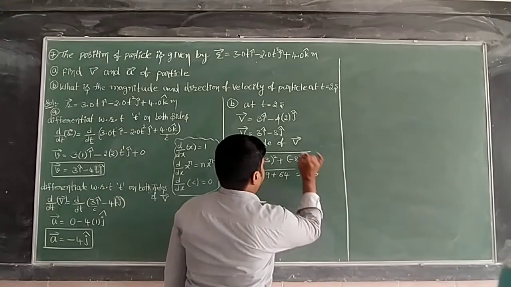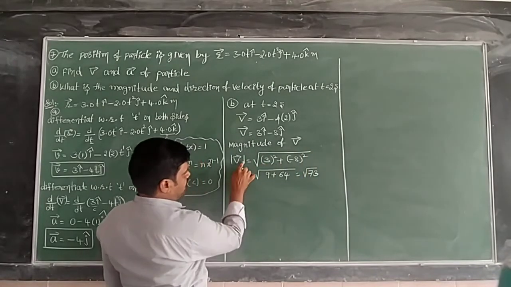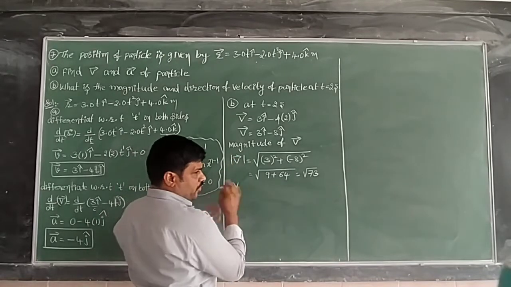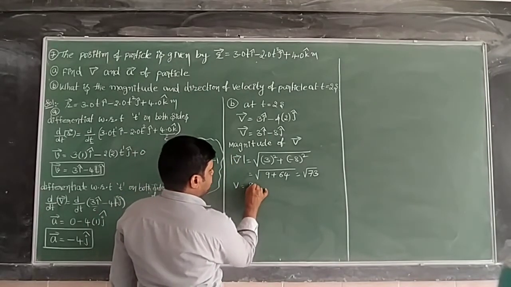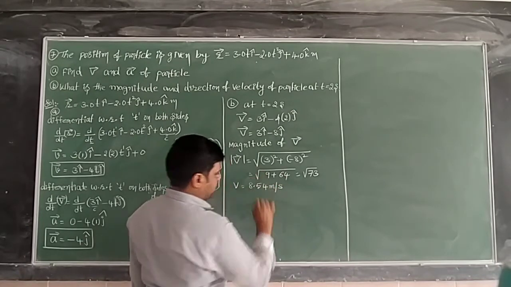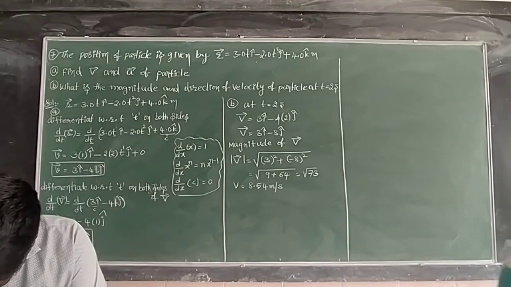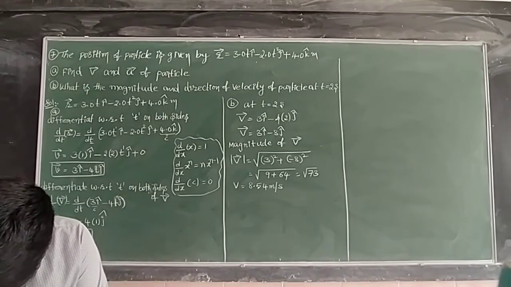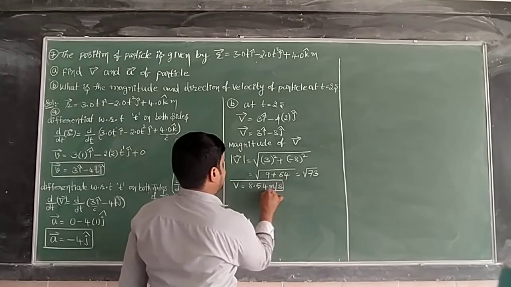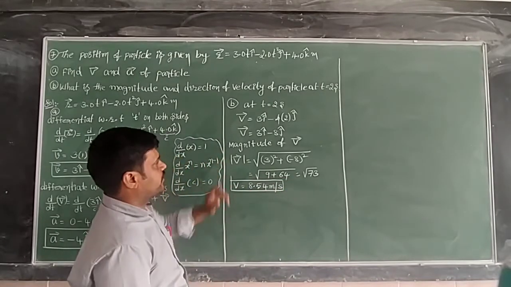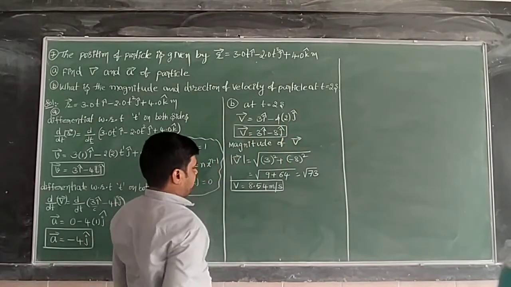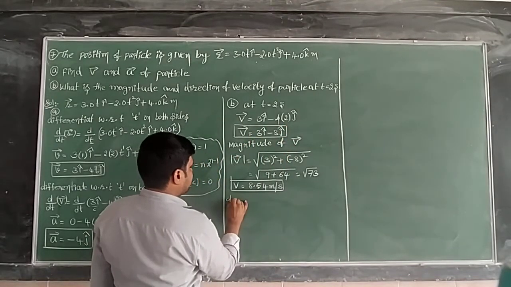Then v equal to modulus of v, only magnitude, no need of direction, is 8.54 meter per second. This is the magnitude of the velocity at t equal to 2 seconds.